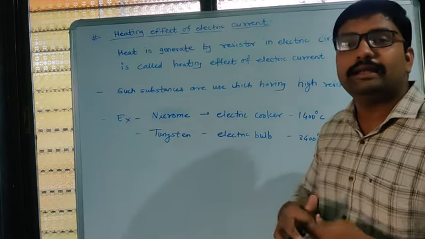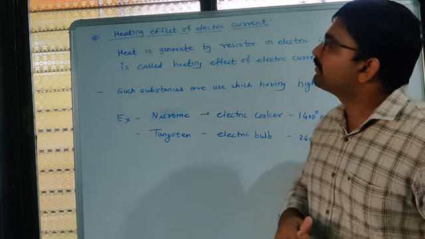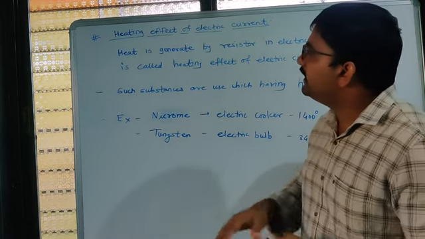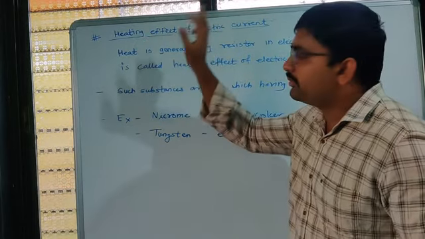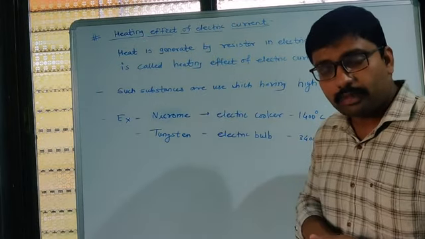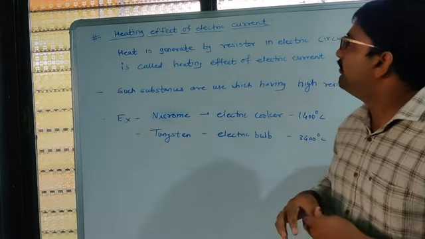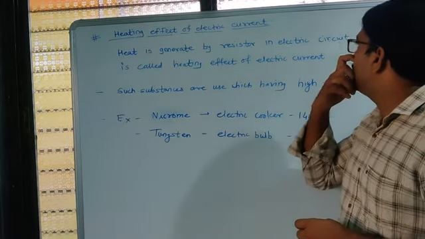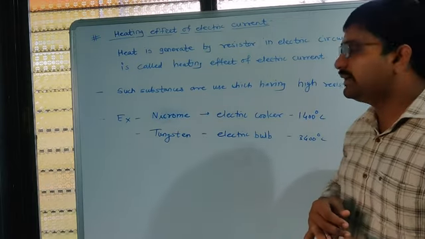Due to the electric current, different effects are observed. In that, one is the heating effect. Another is the magnetic effect of electric current, which will be seen later. But now we have to see the heating effect of electric current. This term indicates that simply due to the electric current, heat is produced. Heat generated by a resistor in an electric circuit is called the heating effect of electric current.